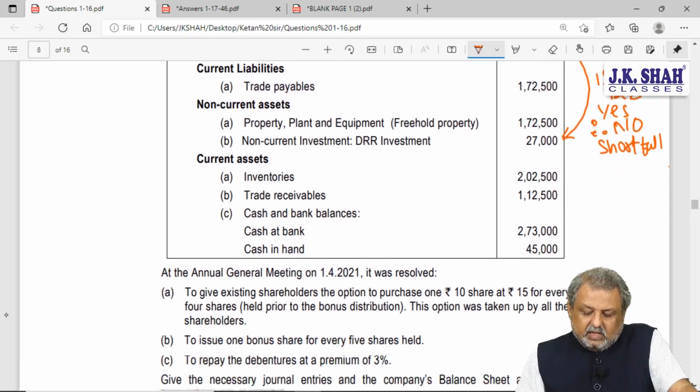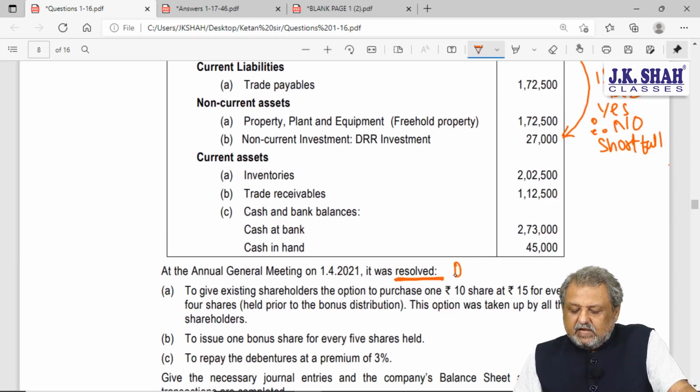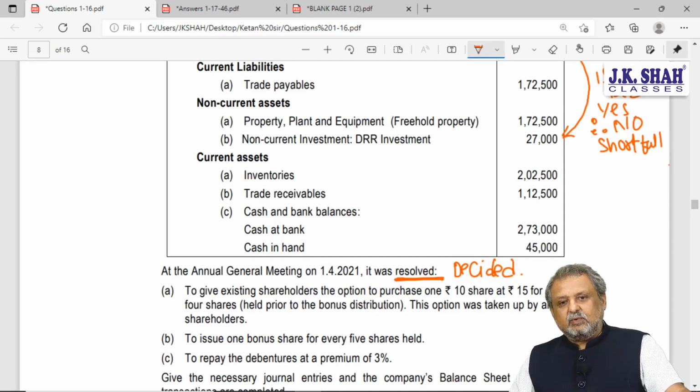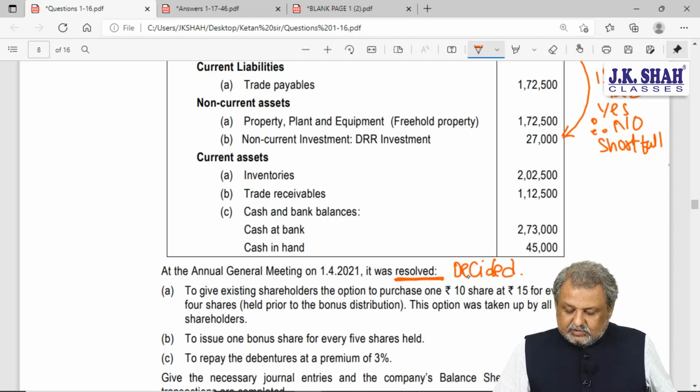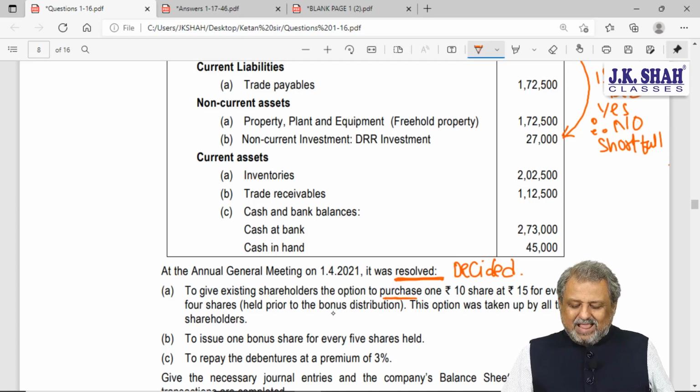At the AGM on 1st April, it was resolved. Resolved means decided. Now, this is our classwork question number 7 as it is. To give existing shareholders option to purchase 1 rupee 10 shares at 15 for every 4 shares held prior to bonus.